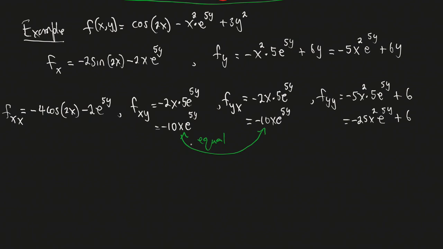Now, the theorem that guarantees this is by a French mathematician, Clairaut, and it's not something that we can prove in this particular course. The proof is beyond what this course entails. So I'll just state the theorem.